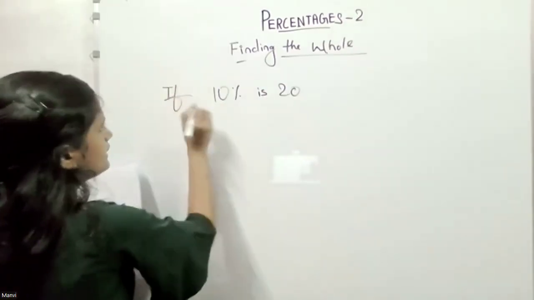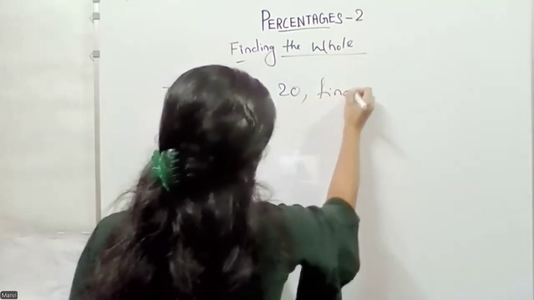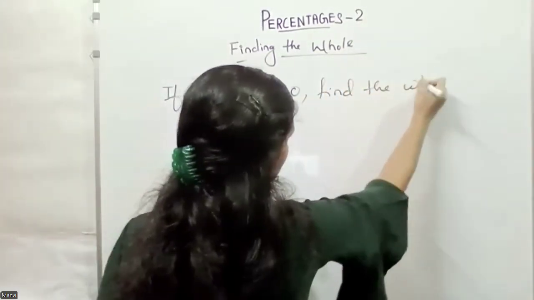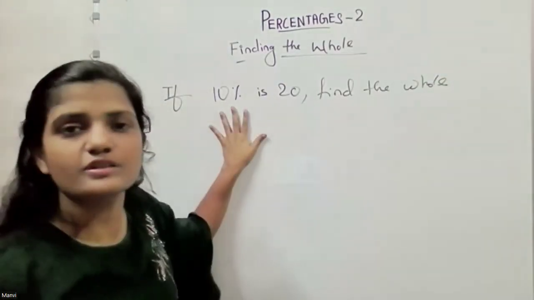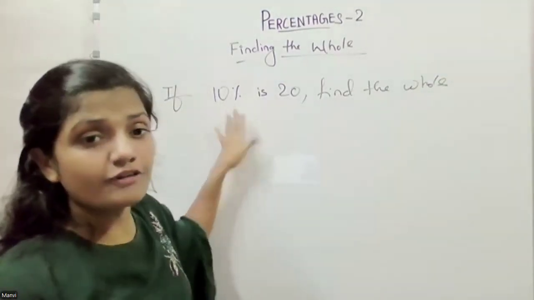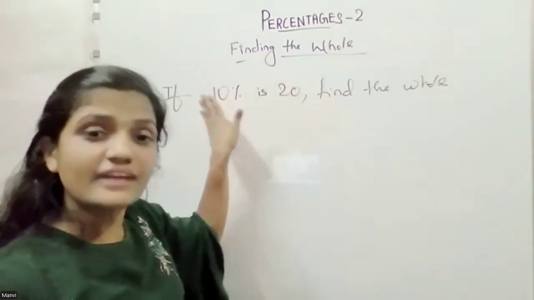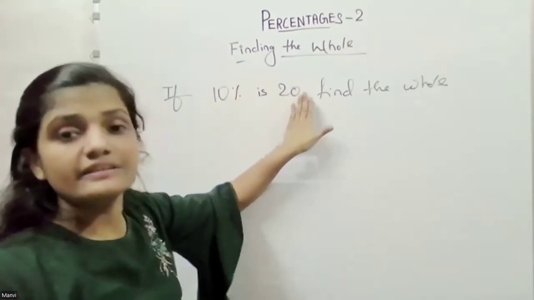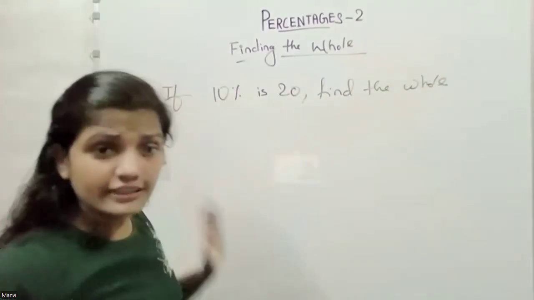If 10% is 20, then find the whole. I'm kind of confused on this. So this time, they don't ask us to find 10% of this amount or 20% of that amount. They ask, if 10% is this amount, then what will be the whole?